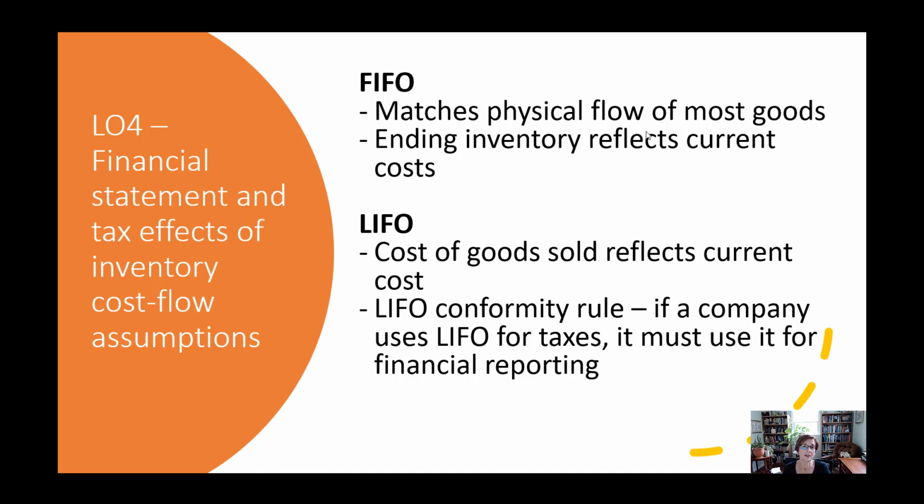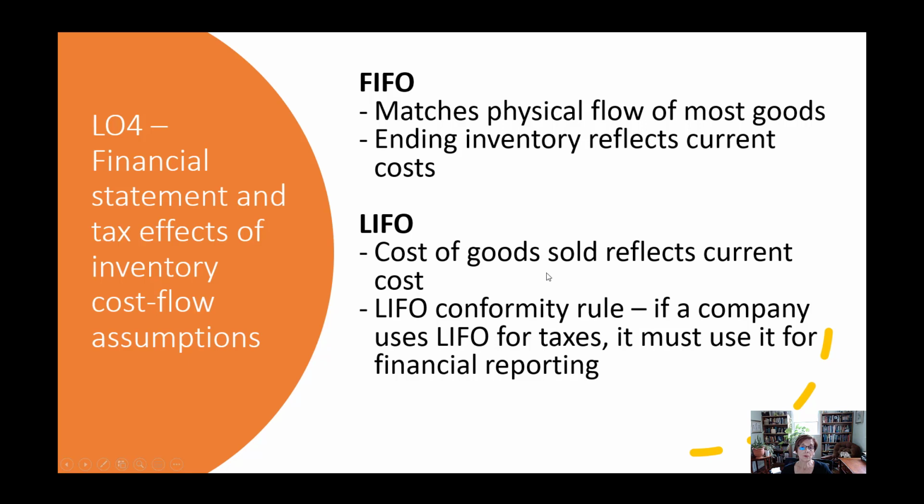But one of the advantages of FIFO is that it does match the flow of goods in a company. Okay? And also ending inventory reflects current costs. The reason it reflects current costs is that the newest costs are showing up in ending inventory, because the oldest costs we're assuming were sold.